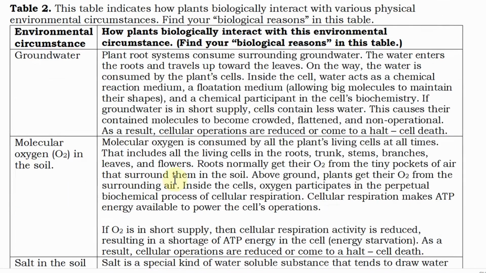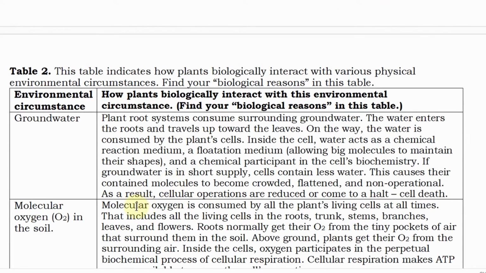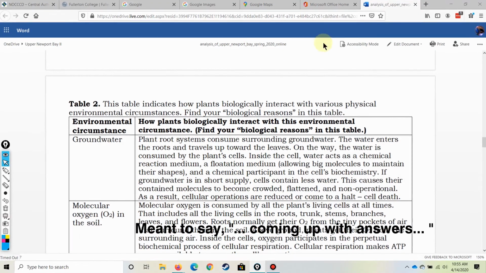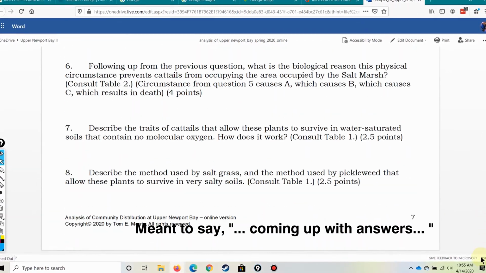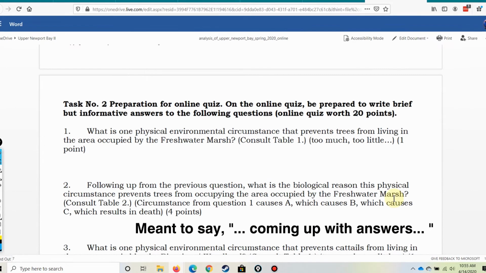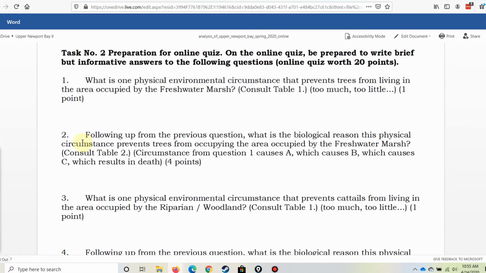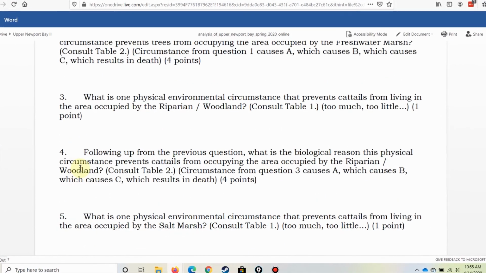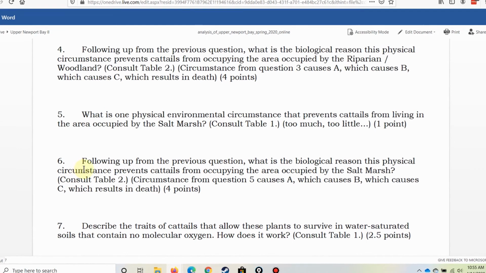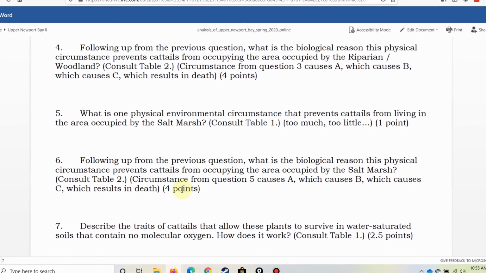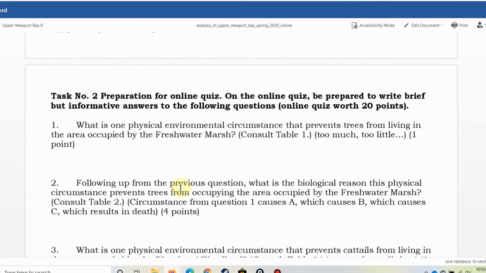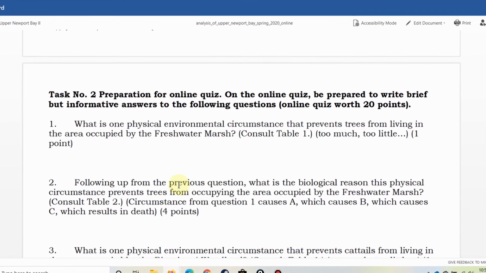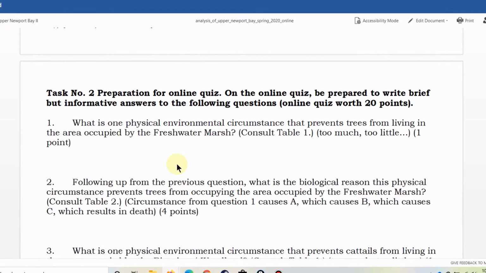This is the table you really need to consult for coming up with questions to help you answer questions 2, 4, and 6. These are 4-point questions, so your responses need to be reflective of the detail that I'm showing you in table 2.